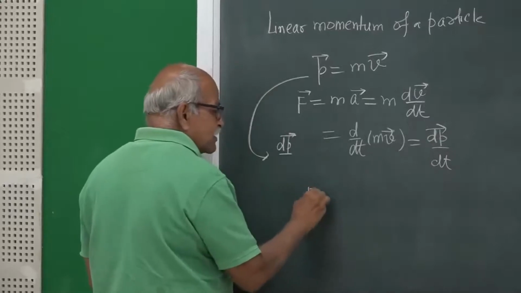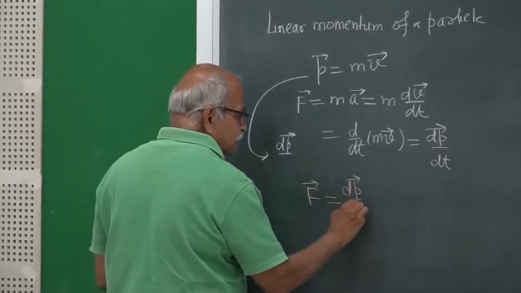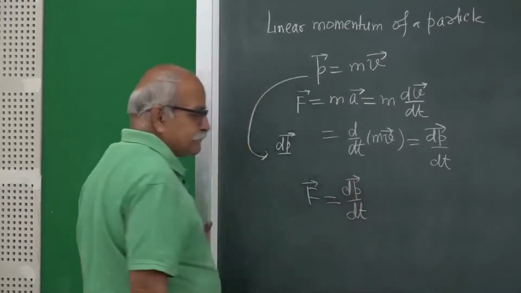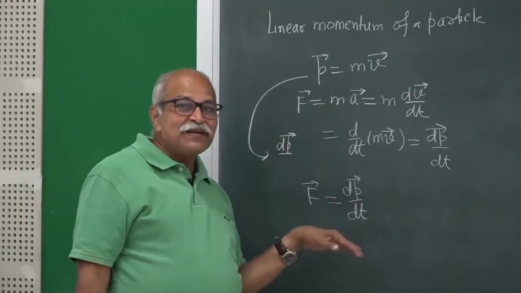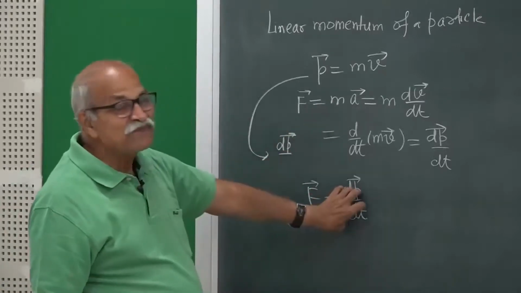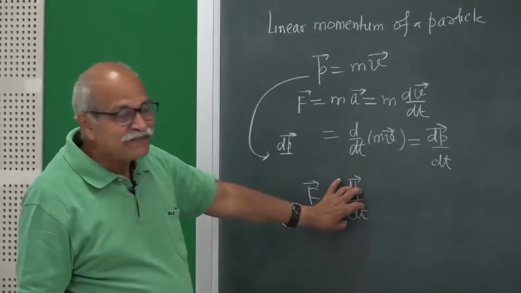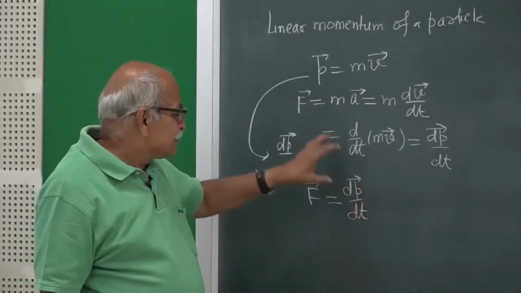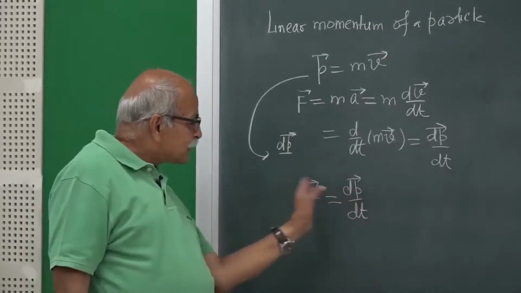So, force on a particle is equal to rate of change of momentum of the particle. Actually, Newton described the second law in terms of rate of change of momentum only. The words used in Principia were very different, but essentially the force and this rate of change of momentum are proportional.